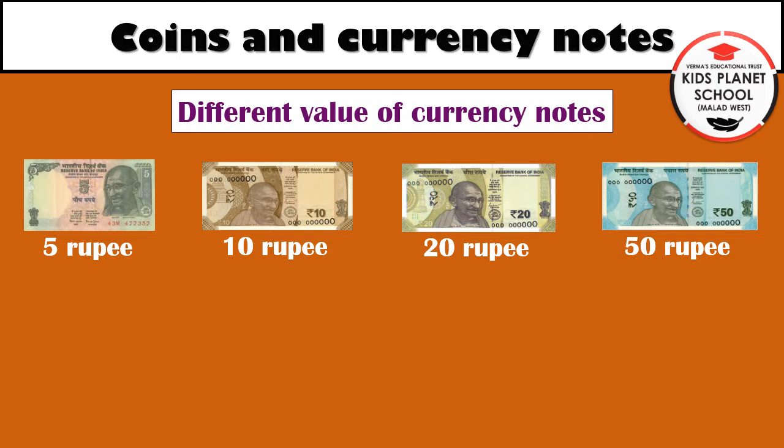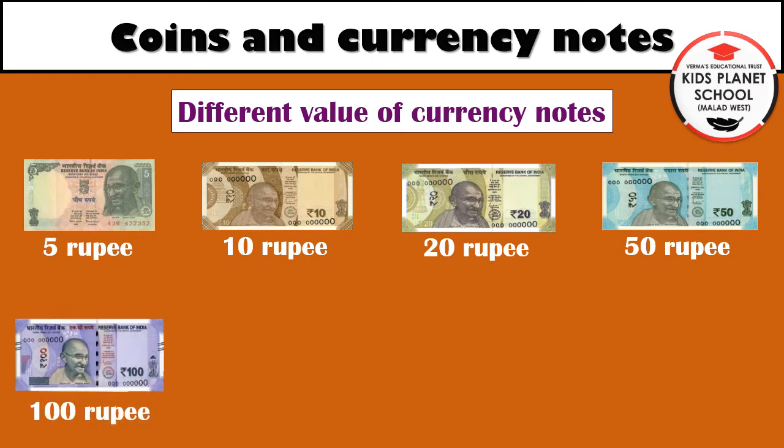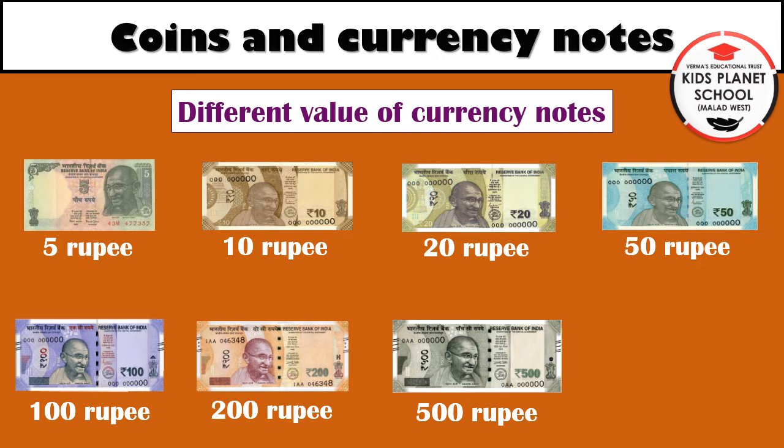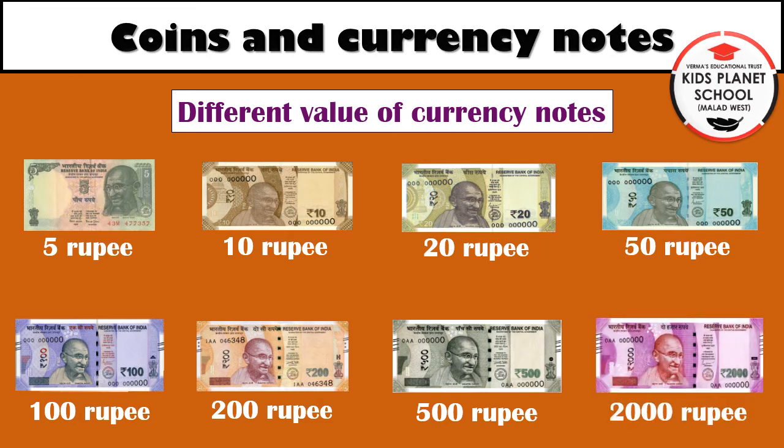The value of this note is 50 rupee. The value of this note is 100 rupee. The value of this note is 200 rupee. The value of this note is 500 rupee. The value of this note is 2000 rupee.